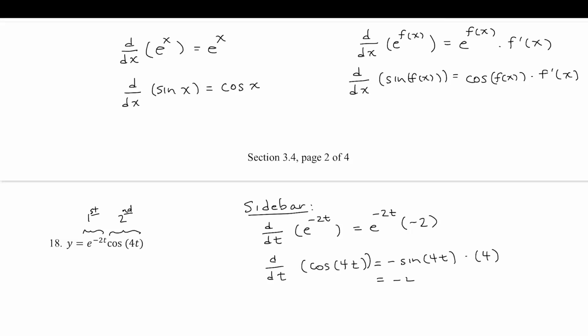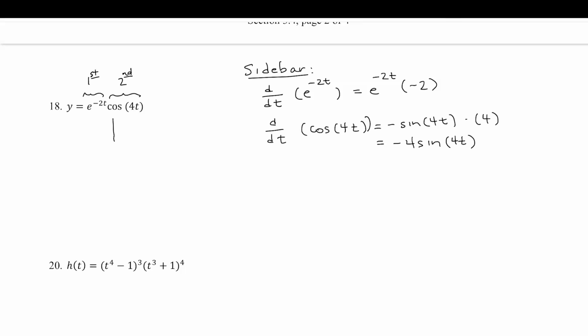And in this case, you may actually want to put the 4 out in front so that you don't accidentally confuse yourself in thinking that the 4t is multiplied by the 4. It is not. The 4t is inside the sine function. The 4 is outside the sine function, so that could come to the front.